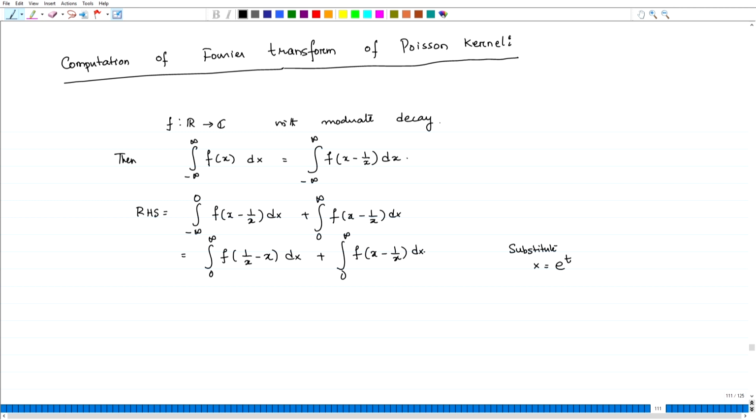Then what do we get here? Now, this becomes the integral from minus infinity to infinity of f of (e to the power minus t minus e to the power t), then dx is e to the power t dt, plus here 0 can be attained at minus infinity to infinity of f of (e to the power t minus e to the power minus t) e to the power t dt.